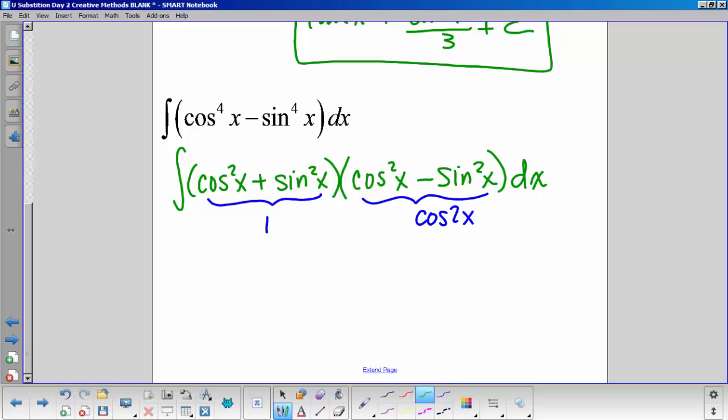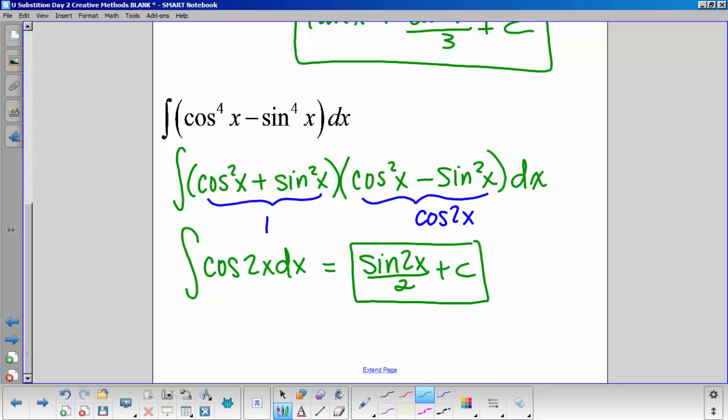So as scary as that was, it turned out to be something very simple, which is antiderivative of cosine is sine. So this is sine 2x over 2 plus c. So that scary thing turned out to be just the antiderivative of cosine 2x. So it's good to know your identities. It helps you.